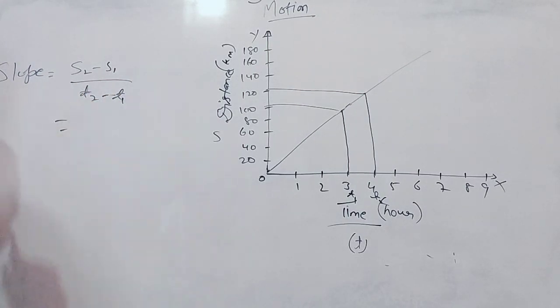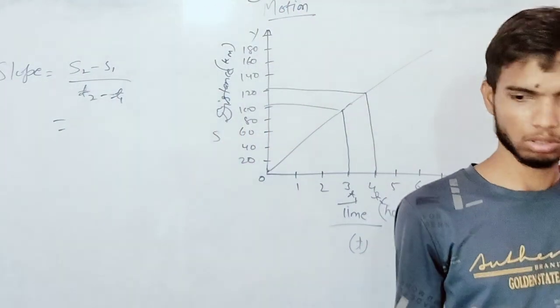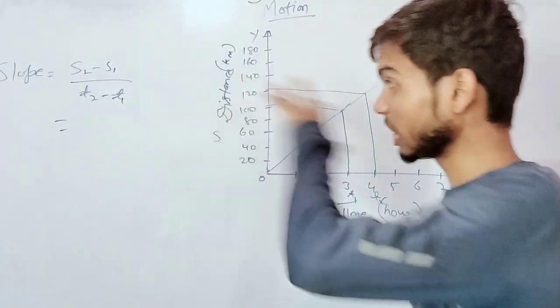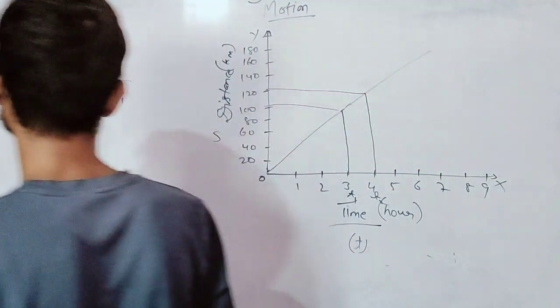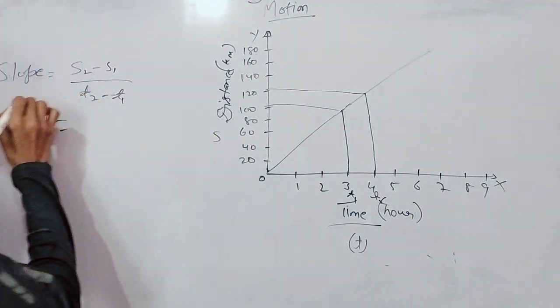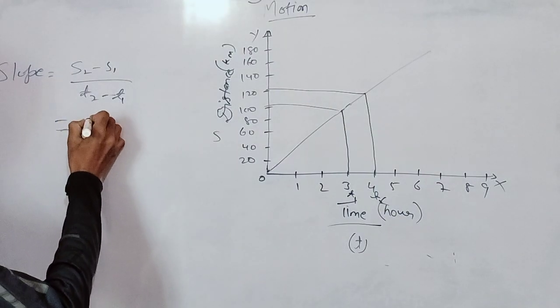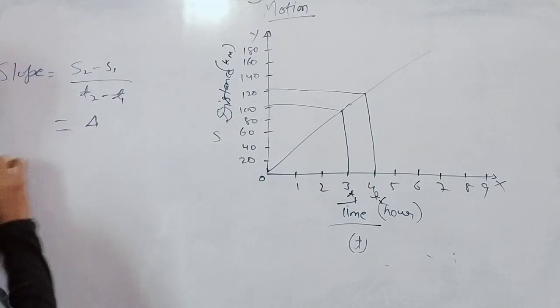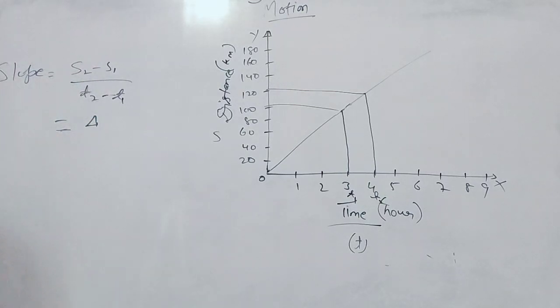Clear? Now we are understanding the change of distance upon the change of time. For a little change, we apply delta. We apply delta for a little change.